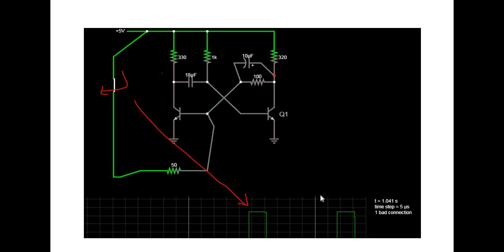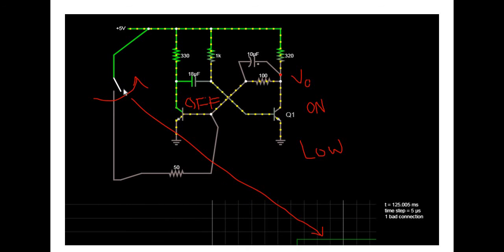Now see here, this is what happened when we closed the switch, when we applied the triggering for a moment. Earlier output is 0. The moment we applied the triggering, output is high. Similarly, without the triggering pulse, Q1 is on, Q2 is off.